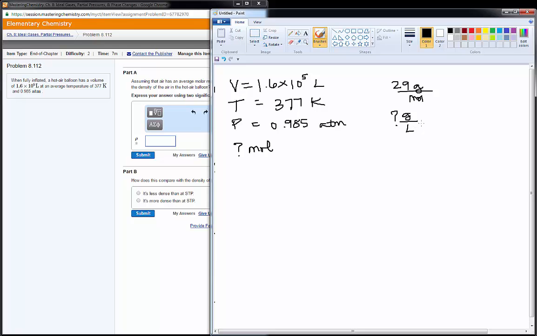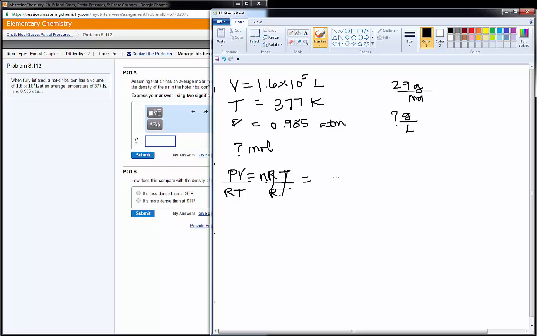then I can see what the conversion is between moles and liters, and I can apply that with dimensional analysis. So we're going to put together what we know about dimensional analysis with what we know about the ideal gas law. So PV equals nRT. We've been given P, we've been given V, R is a constant, and we've been given T. So we can solve for moles N by dividing by RT.